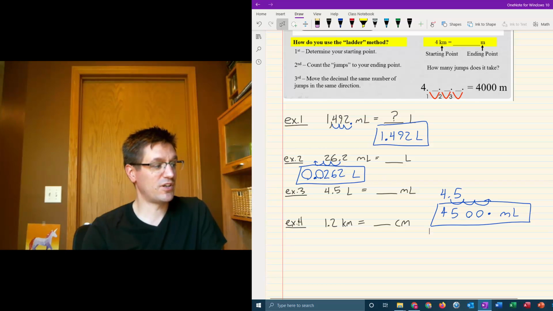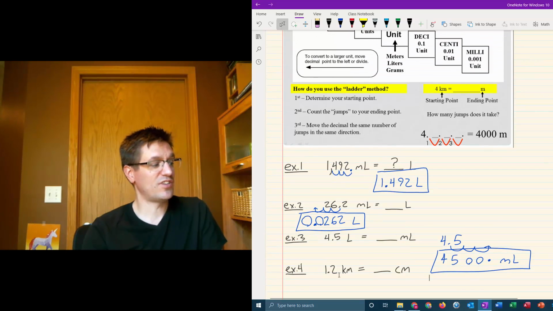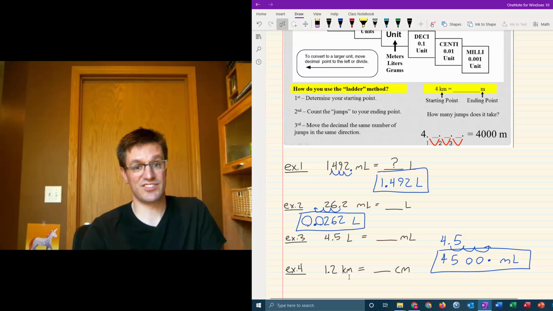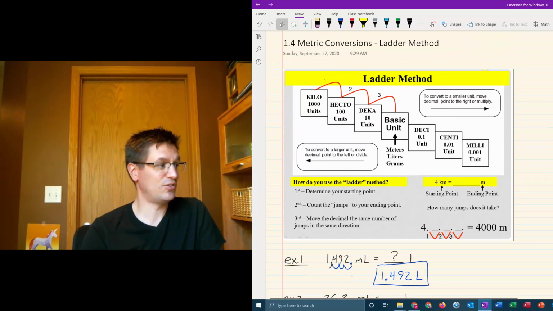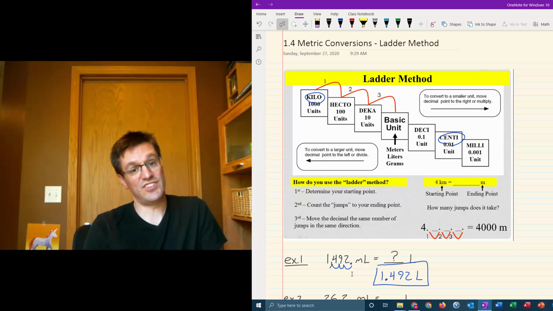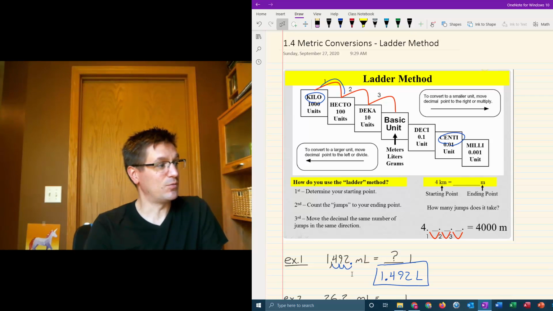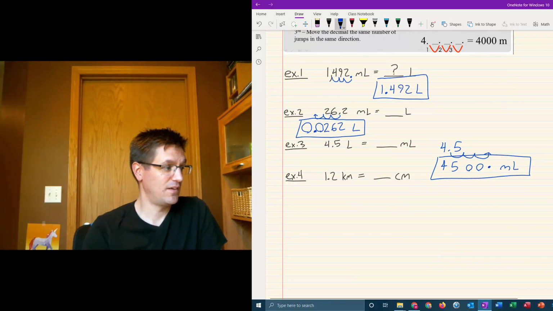Let's just do one last one. I've got 1.2. This time I'm going from kilometers to centimeters. So I need to go from kilo to centi. That is 1, 2, 3, 4, 5 steps right. 1.2, I need 5 steps right.